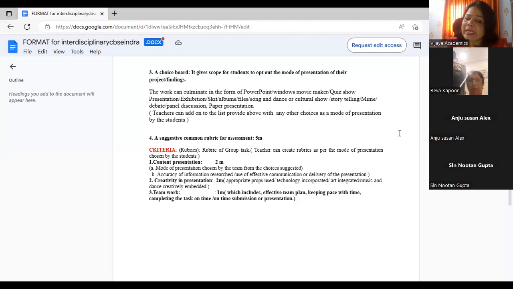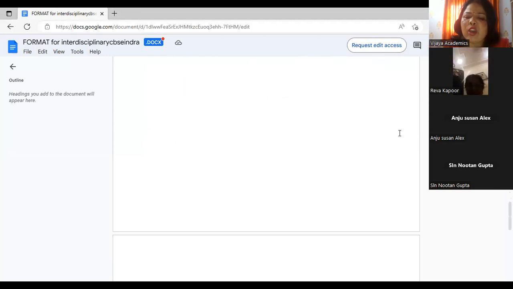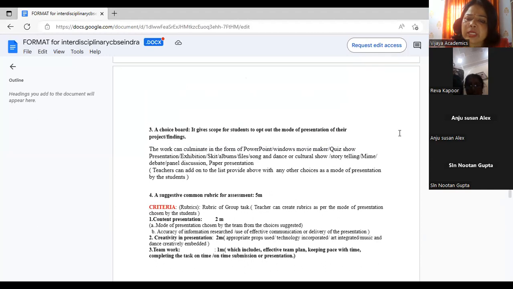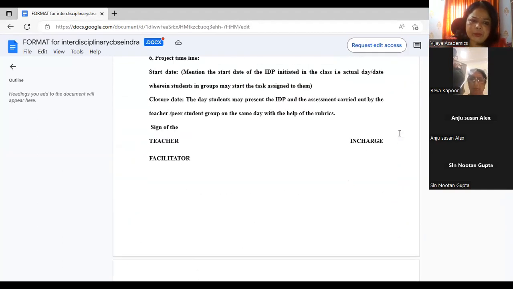The third point is that you are going to give 1 mark for each, which includes effective team plan, keeping pace with time, completing the task on time, submission, or presentation. In this way, you are going to give 5 marks for the interdisciplinary project. We are going to see in more detail about this project.